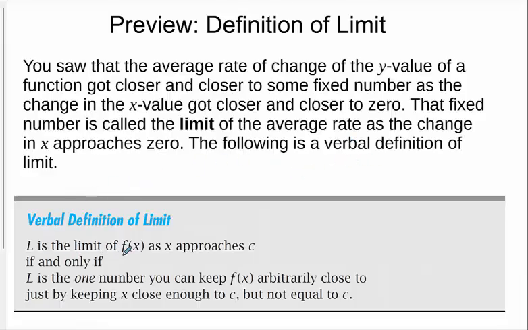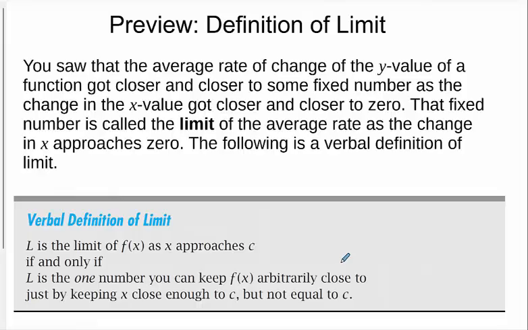The following is a verbal definition of limit. It says L is the limit of f of x as x approaches c if and only if L is the one number you can keep f of x arbitrarily close to just by keeping x close enough to c, but not equal to c. So it means that if we get really close to c on either side, there's one number that f of x tends to go to, a value we would expect it to hit.